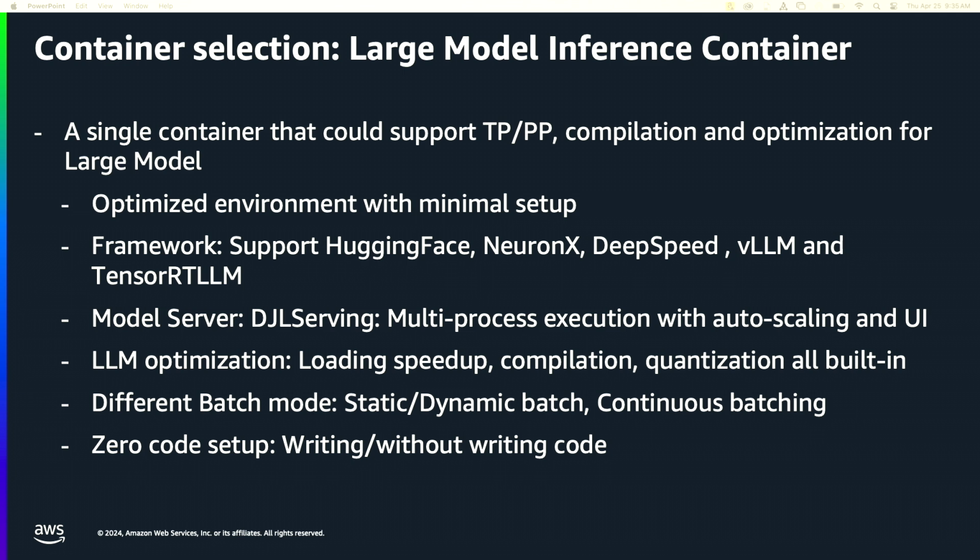The large model inference container supports different types of distributed inference options, including tensor parallel and pipeline parallel, and various optimization techniques to increase performance and lower cost. It also supports different open source frameworks, including Hugging Face, the AWS Neuron library, which is required for running inference on AWS silicon chips, including Inferentia and Trainium, and open source DeepSpeed, VLLM, and TensorRT-LLM.